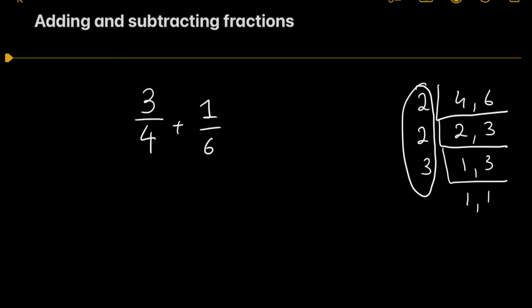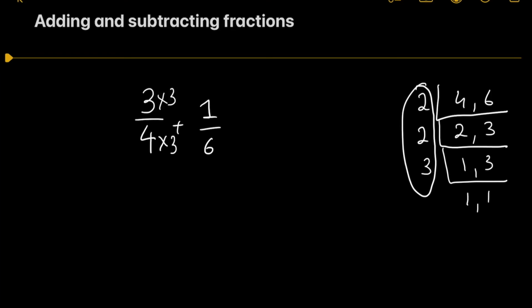So we convert this fraction with a denominator of 12. So 4 into something is 12, which is 3. 4 into 3 is 12. So when you multiply the denominator with a number, you have to multiply the numerator with the same number as well. So in this case, you multiply the numerator with 3.